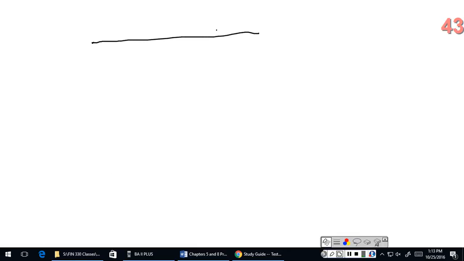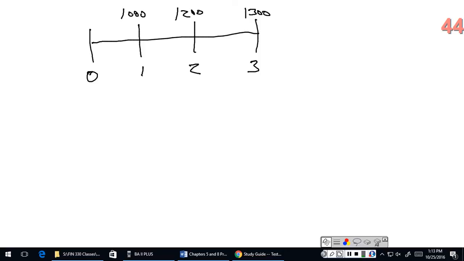So this is time period 0, 1, 2, 3, and 1,000, 1,200, and 1,300. And what we're doing is we're taking each of these cash flows back to time period 0.